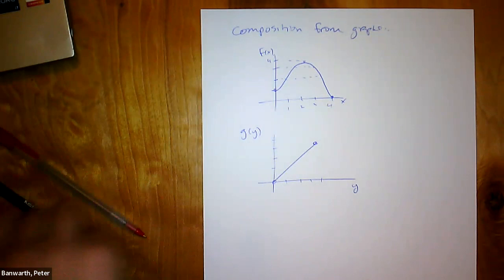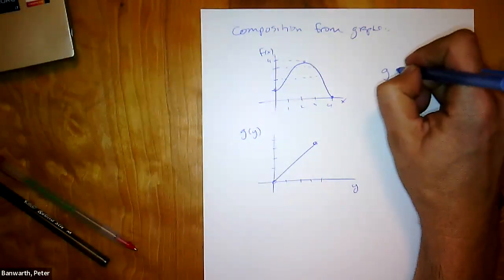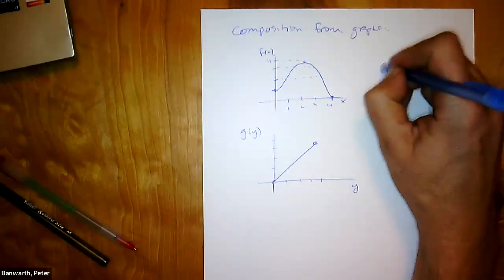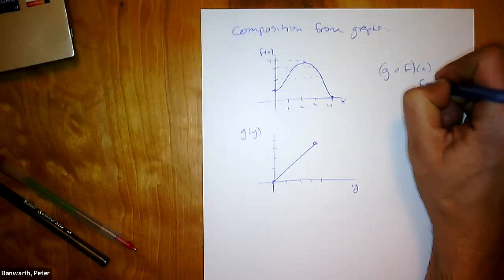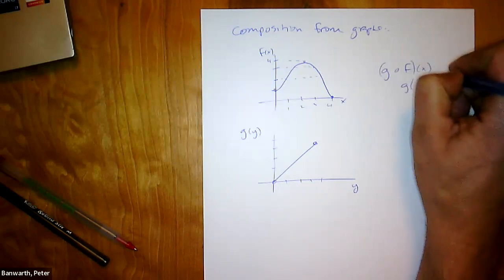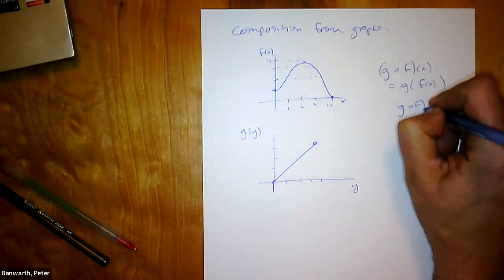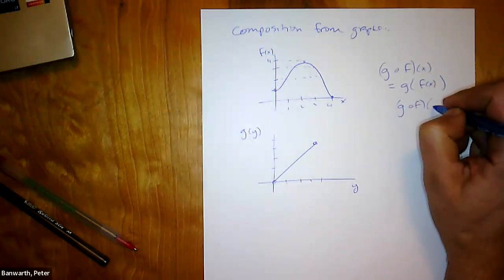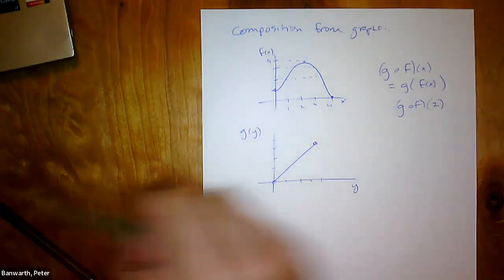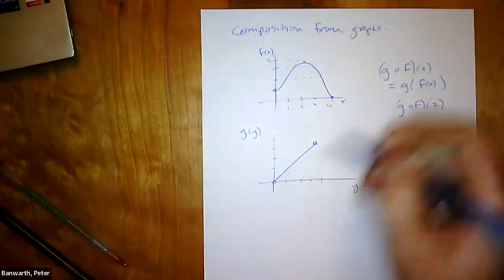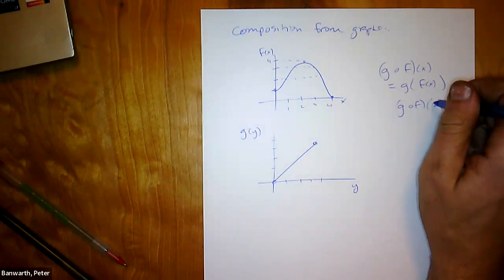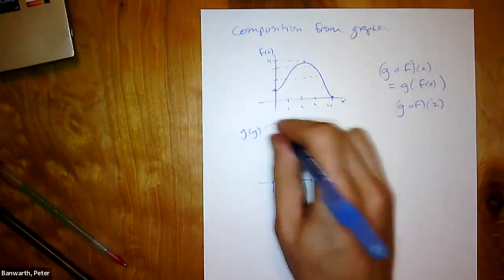So I can look at g of f of x, which is f of x, and then g of that. So if I do g of f of 2, let's pick a different one. I don't like this function.